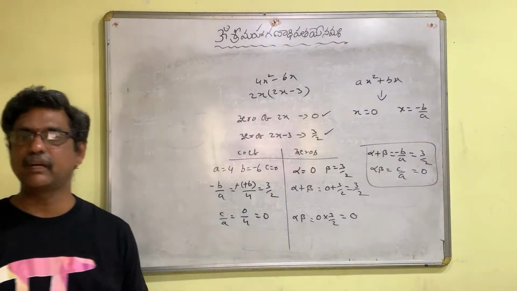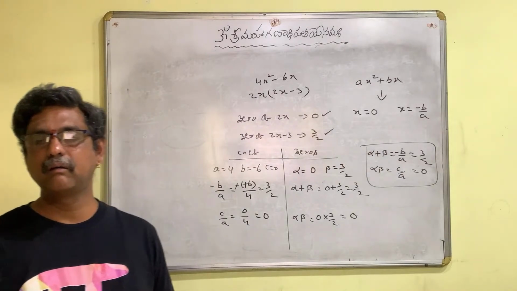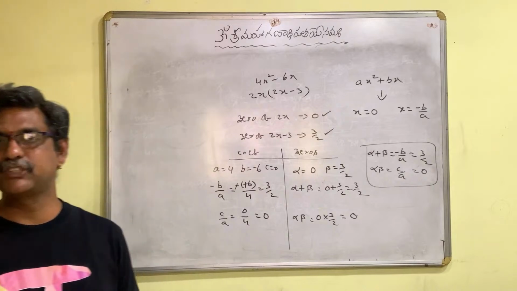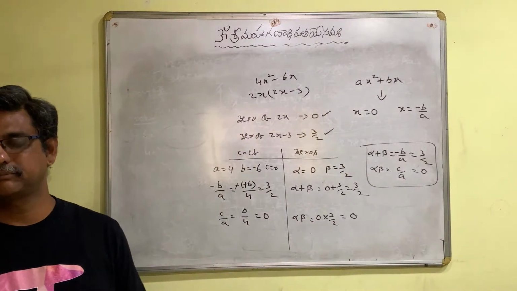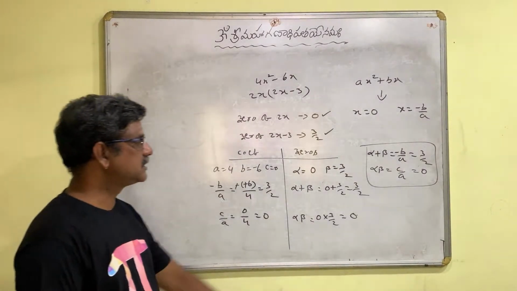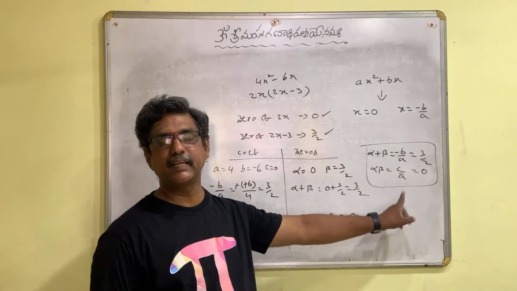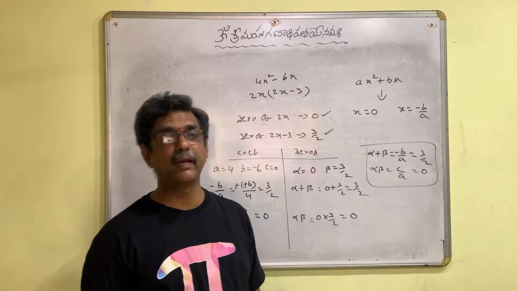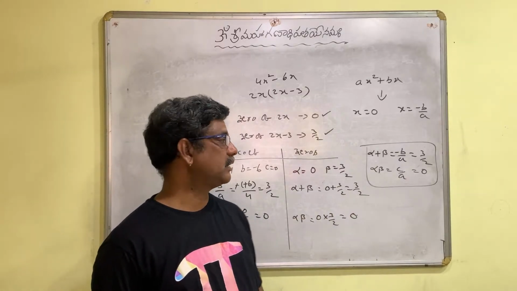This is the relation between zeros and coefficients for any quadratic polynomial.